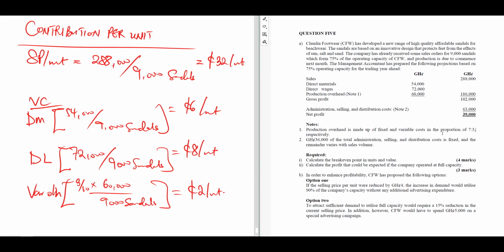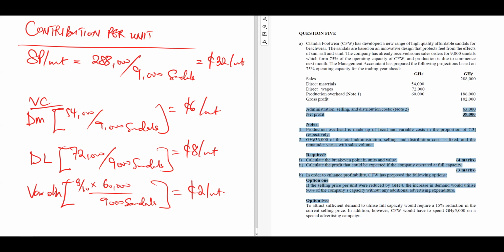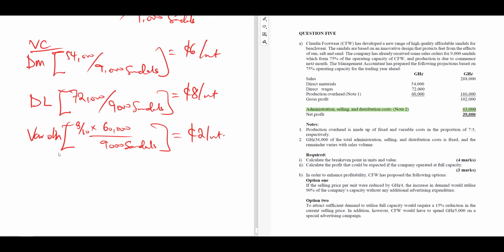Are we okay? So if you go down, they said 36,000 of the total administration, selling and distribution cost is fixed, and the remainder varies with sales volume. That means when you look at all of them, the total selling, admin and distribution is 63,000, and 36,000 of it is fixed. That means how much is variable?